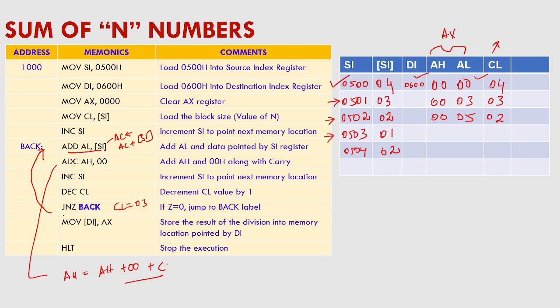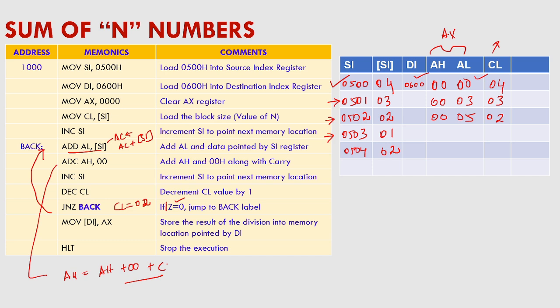Now again check jump non-zero. CL is now 02. Is CL 0? No, it is non-zero, so the condition is satisfied and the zero flag is not set. Again it goes back to the label BACK and repeats the process.